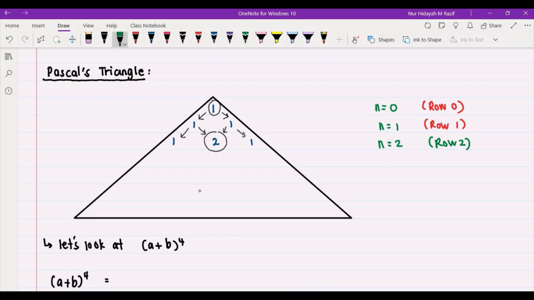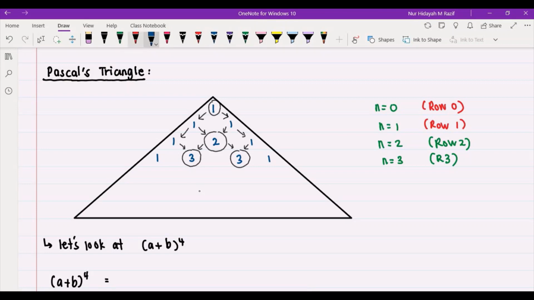What about when I have n is equal to 3, my next row, row 3? In this row, what I'm going to have is 1 on the left and 1 on the right. Again, I have 2 different spots to fill in here, and to get to those 2 spots, I need to move here. For those 2 spots, the values are 3 and 3, because 1 plus 2, 2 plus 1. So both are 3.